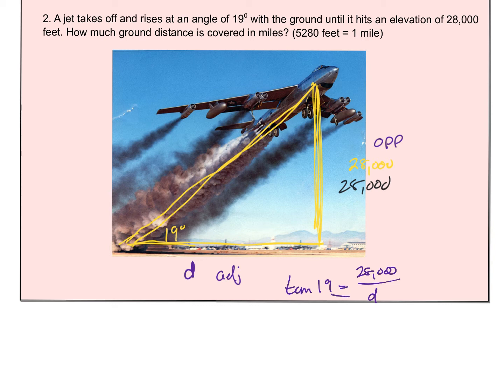Remember, in this situation, all that happens is those switch places. So I divide 28,000 by the tangent of 19, and I'm going to get 81,317.9. But that's going to be in feet.